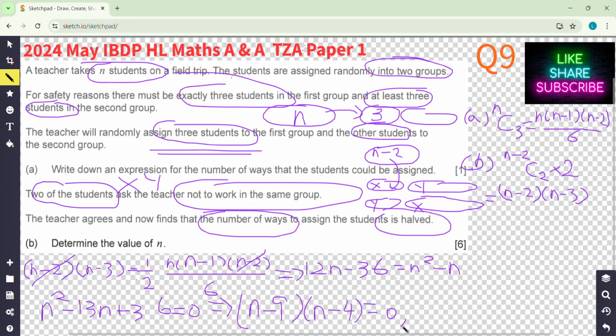The number of students can be 9 or 4, but why don't we choose n equals 4? Because there are at least 3 students in the second group, so at least 6 students altogether. So this one is rejected. So the answer is n equals 9.